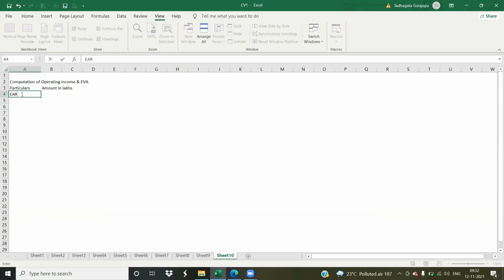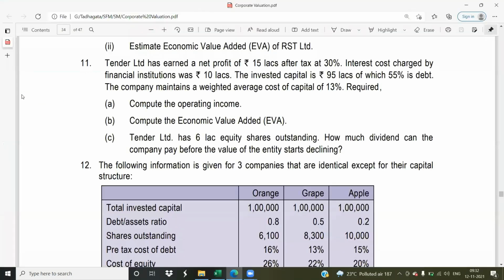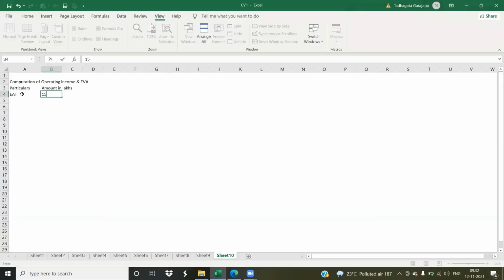Earnings after tax, 15 lakhs. So what is earnings before tax? 15 lakhs by 1 minus tax rate. Right? Now you have to add interest, which is nothing but 10 lakhs.